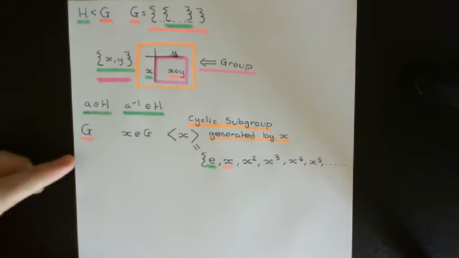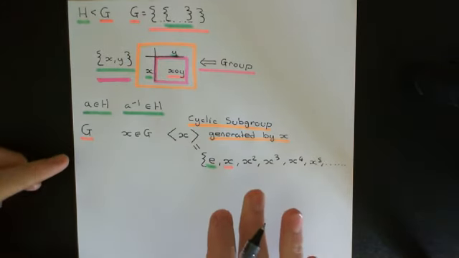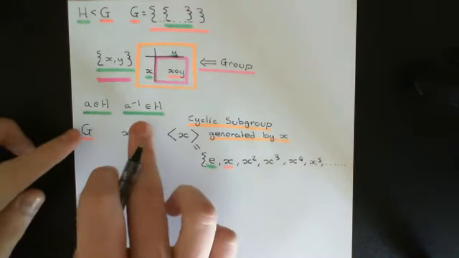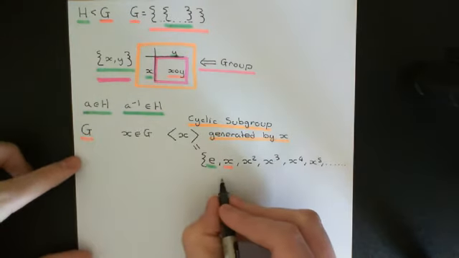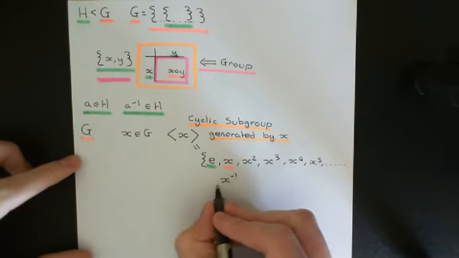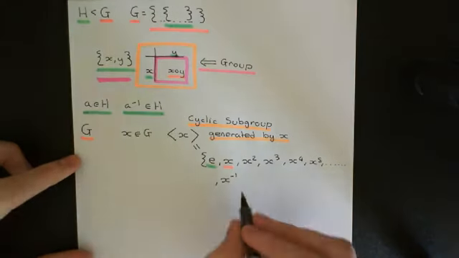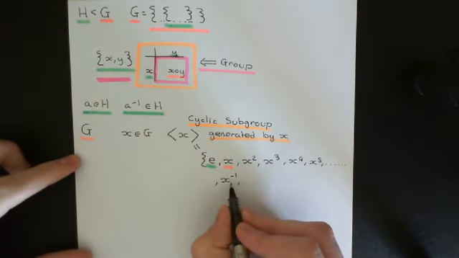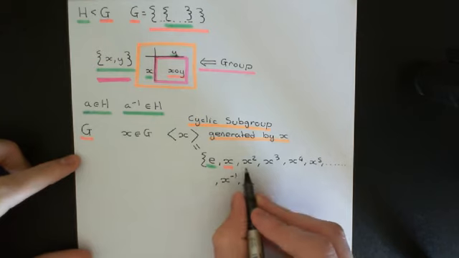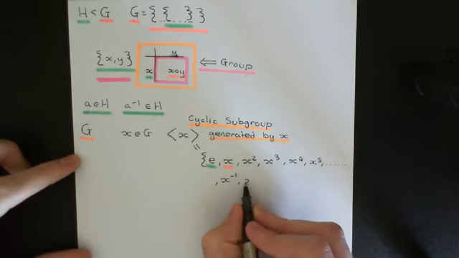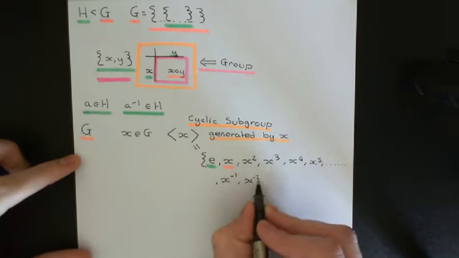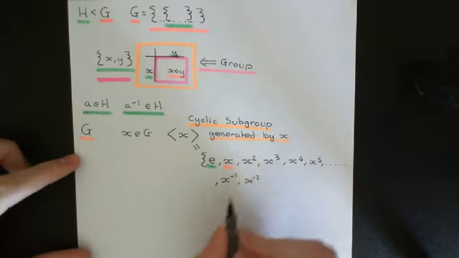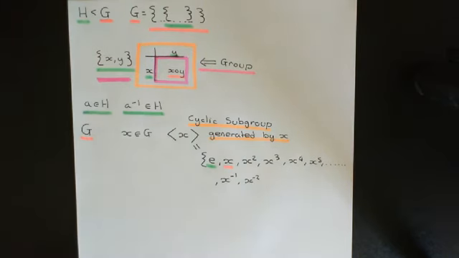What else are you going to need if this is going to be a subgroup? Well, it needs to contain the inverse element, so we'll stick x inverse in there. But once we've got x inverse, we're going to need x inverse composed with itself. I'll call that x to the power of -2, which just means x inverse composed with itself, effectively x inverse squared.